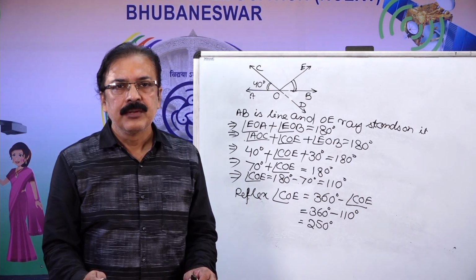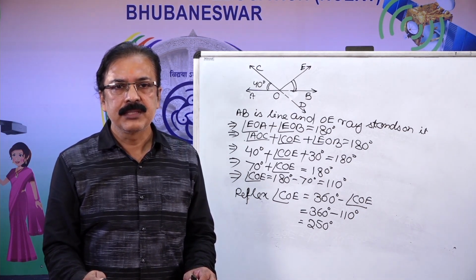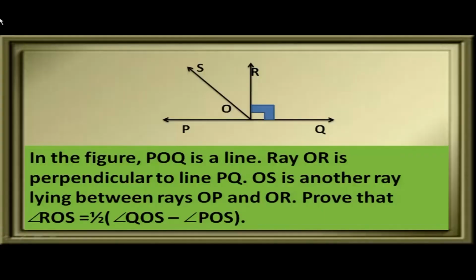Now, let's have a look at another question. In the figure, POQ is a line, ray OR is perpendicular to line PQ, OS is another ray lying between rays OP and OR. Prove that angle ROS is equal to half of angle QOS minus angle POS.